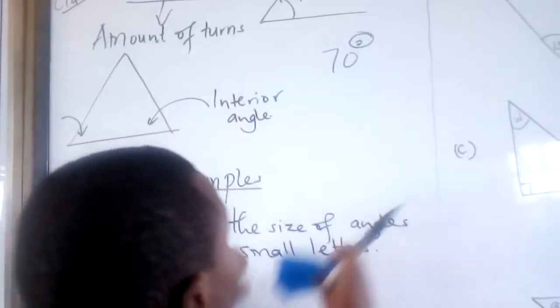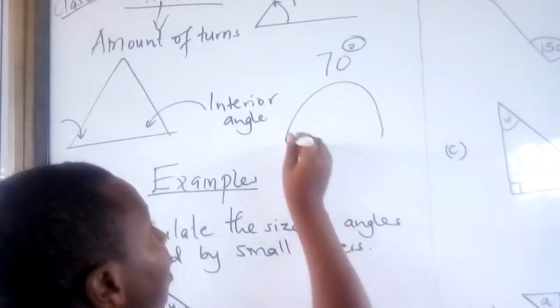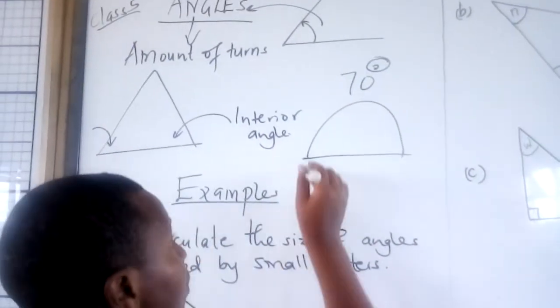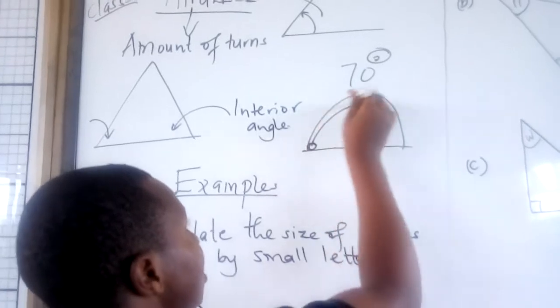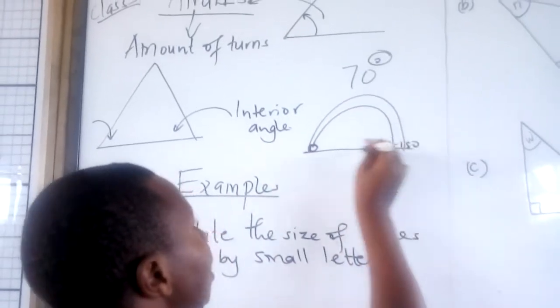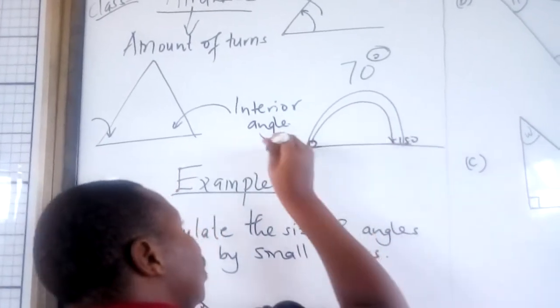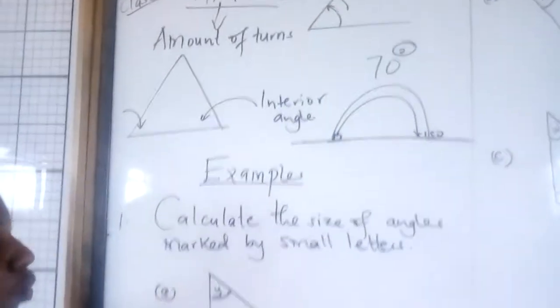So in your protractor, you know that a protractor has two scales, a scale starting from 0 to 180. So it means that angles on a straight line add up to 180.